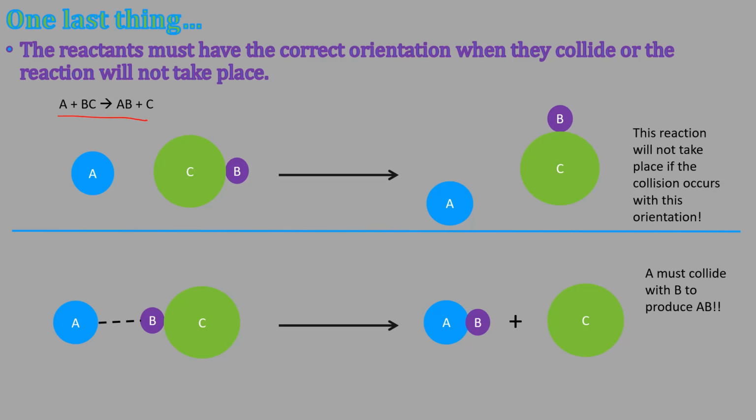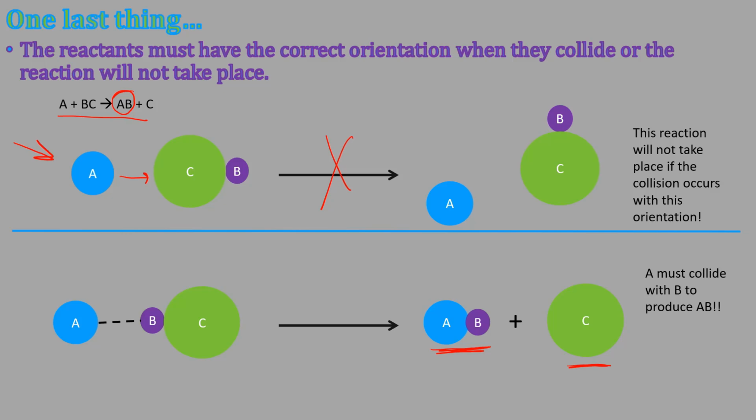So here's our reaction. Okay, we want A to react with BC to give us AB, and C gets let off. So if A were to hit C, then they would just bounce off of each other because A is not trying to react with C. This would not help the reaction take place. A has to hit B so that A and B can form a compound together, and then C can be let go.